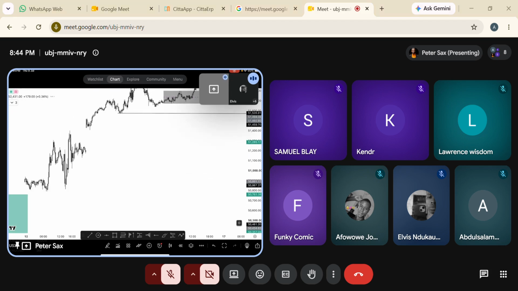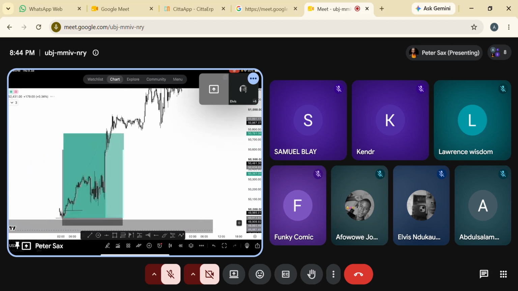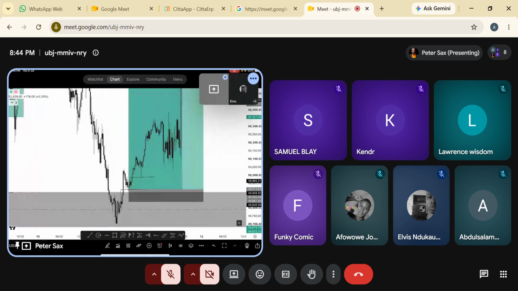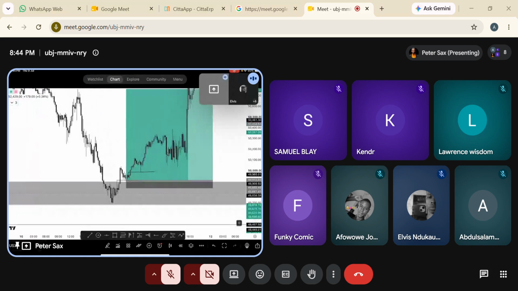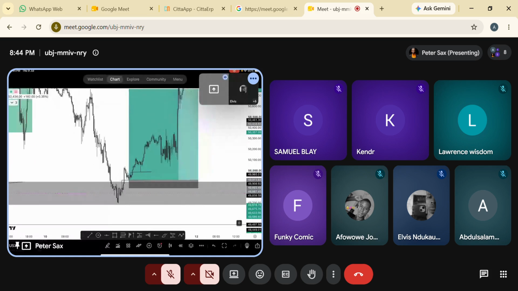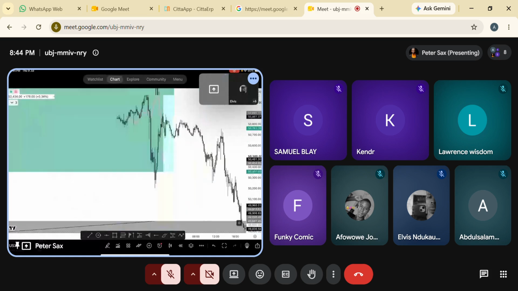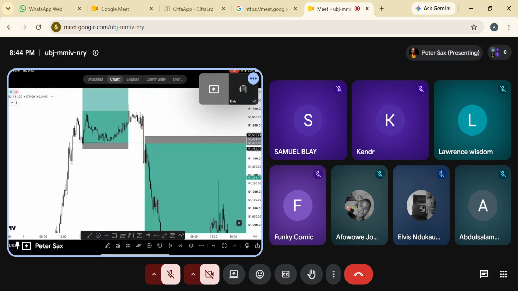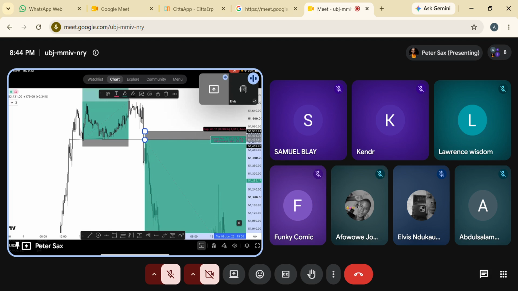Wait, let me get more, like my old trades. I know that most trades I took on this pair. Did you see? Look at this trade here. Break and retest. So the re-entry here that you see was also trying to break and retest again to continue the trend. Let me look for another one. Break and retest. Did you see it?